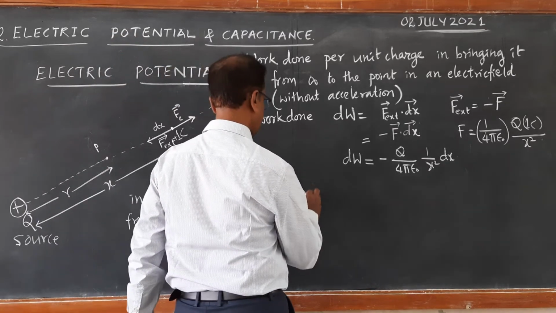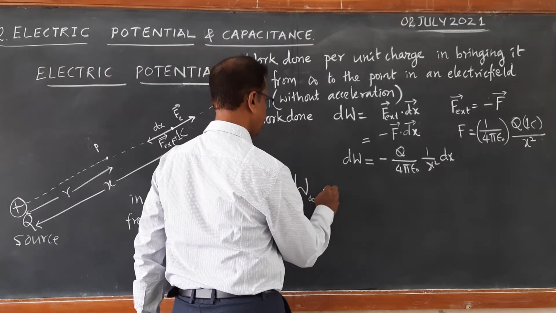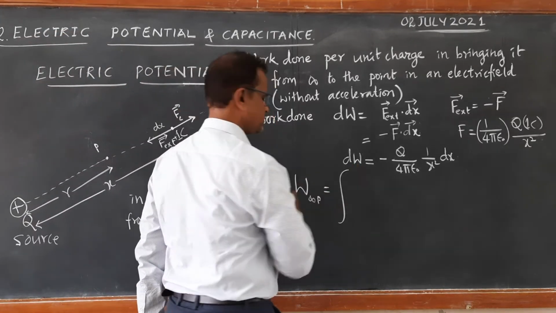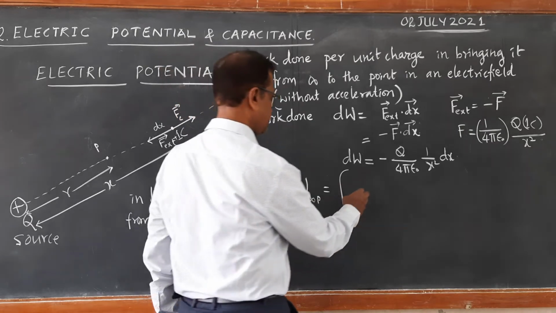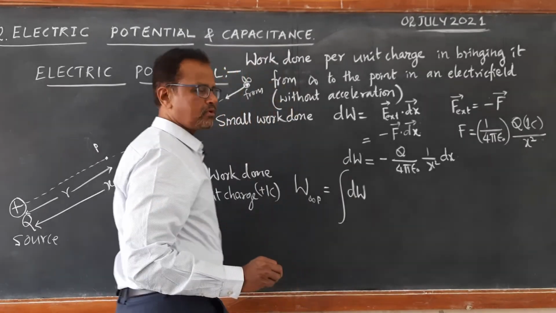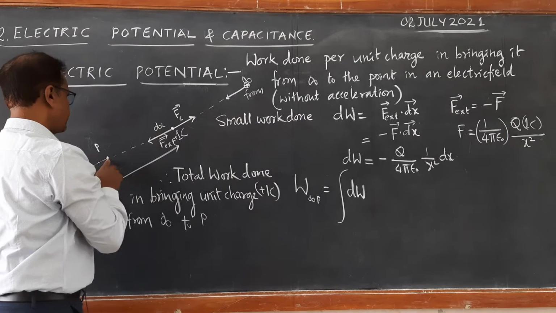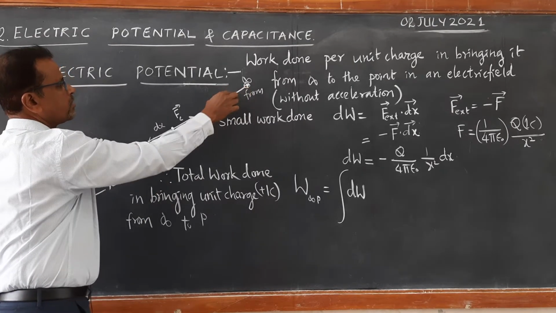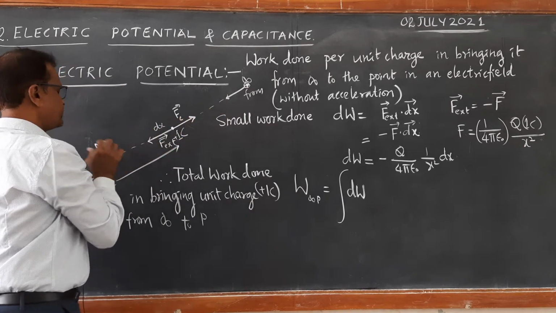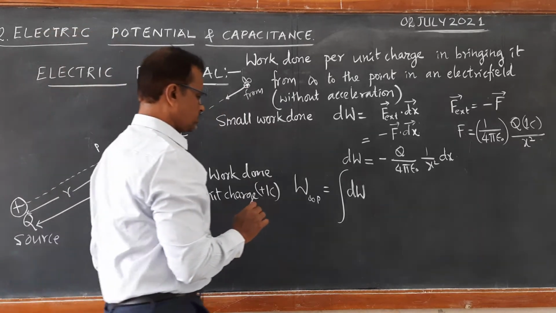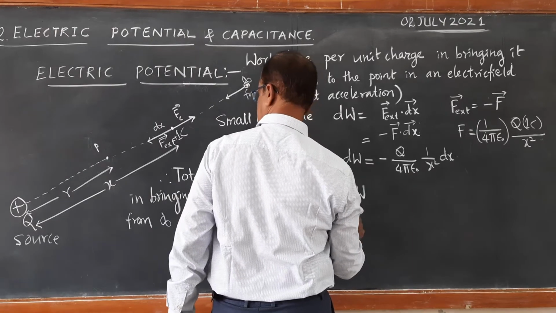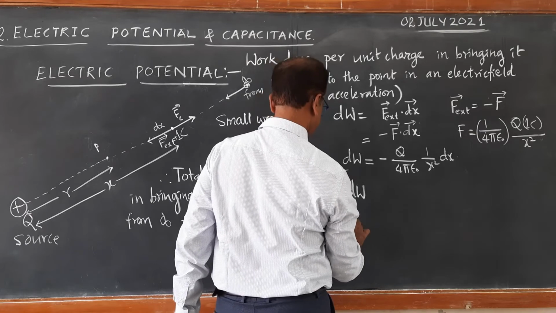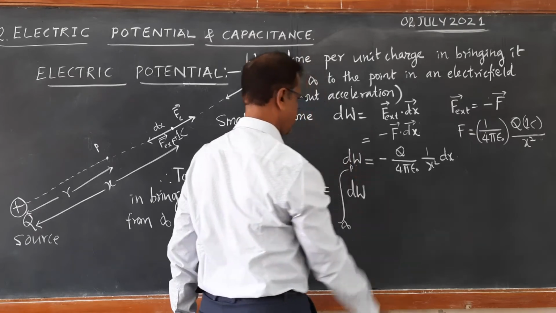So this I am writing as W from infinity to the point P. So integration of such small dW from infinity to the point P. If you go on doing integration, means adding up all these small amounts of work done from infinity to the point P, we get the total work done.